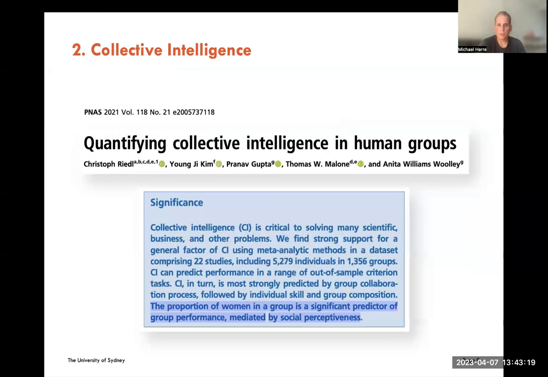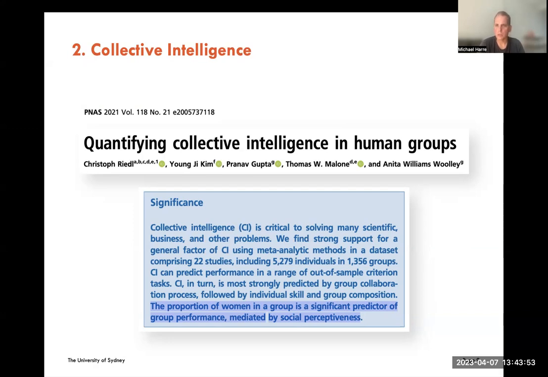In order to do so, we need some way of quantifying what collective intelligence means in human groups, first and foremost, in order to understand perhaps how that might be extended to artificial intelligences. One of the interesting things that came out of this particular article in the Proceedings of the National Academy of Sciences is that the diversity of the group improved the performance of the group as measured by the ratio of males to females in the group, and that this was mediated by social perceptiveness.